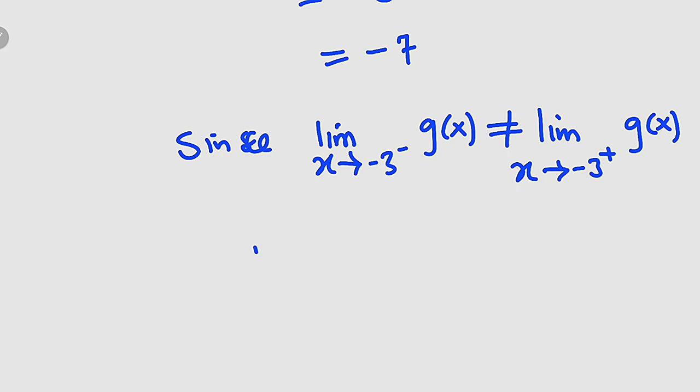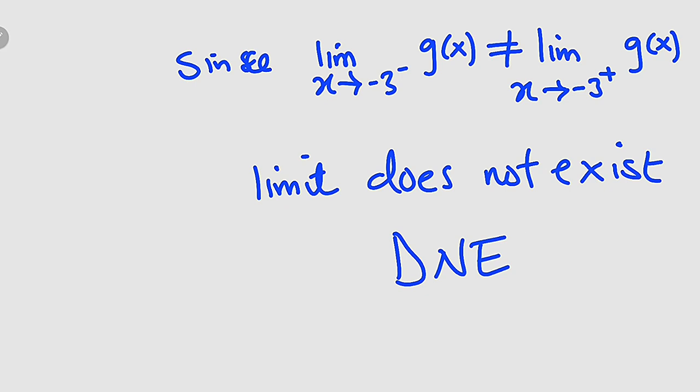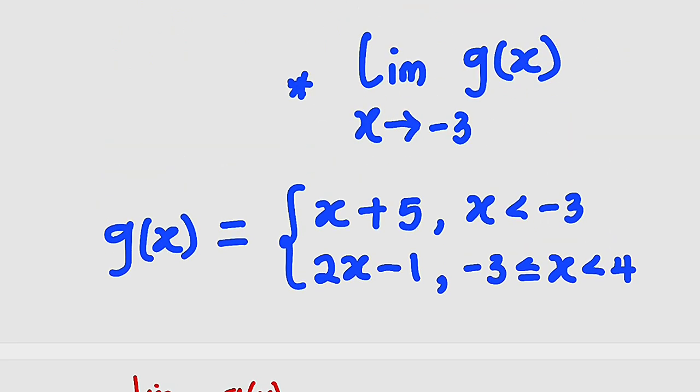The limit does not exist. The left and the right hand side limits must be the same for that limit to exist. And hence the limit of this piecewise function does not exist. Unless you're asked to find the limit of a particular side, whether left or right hand side.